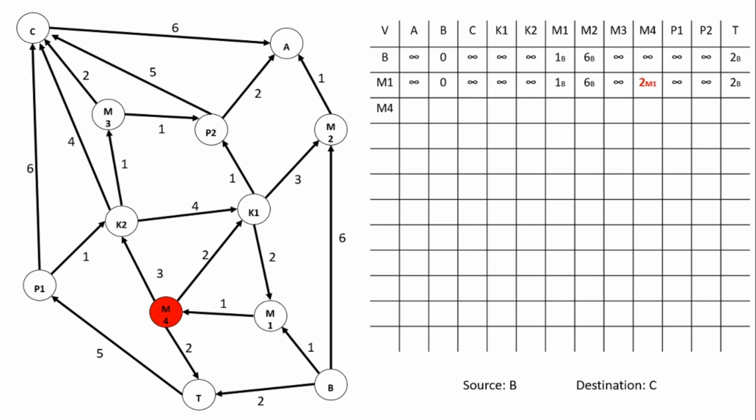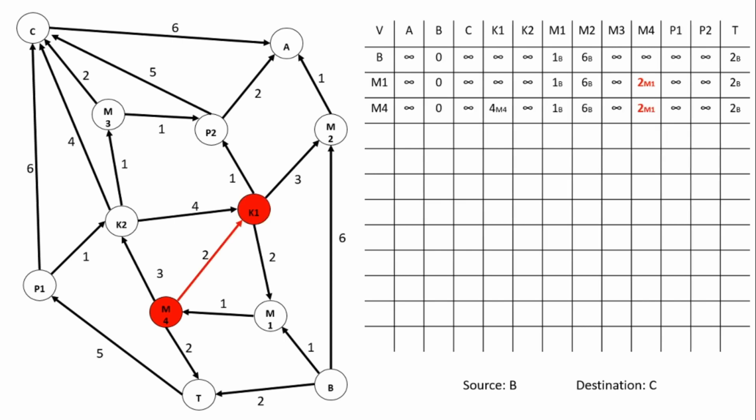Next, take M4 as the smallest known distance since there are no other vertices to be chosen. Then, visit the reachable vertices in natural order, so it will first visit K1.